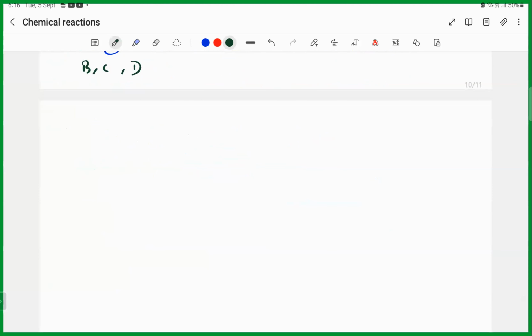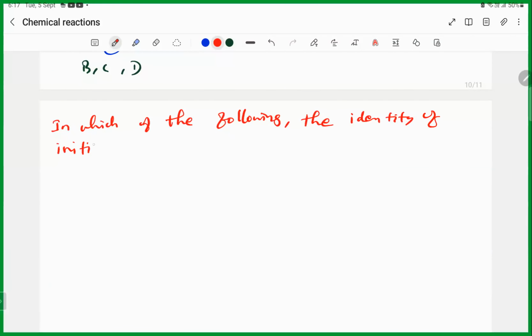In which of the following the identity of initial substance remains unchanged? Number 1, curdling of milk.